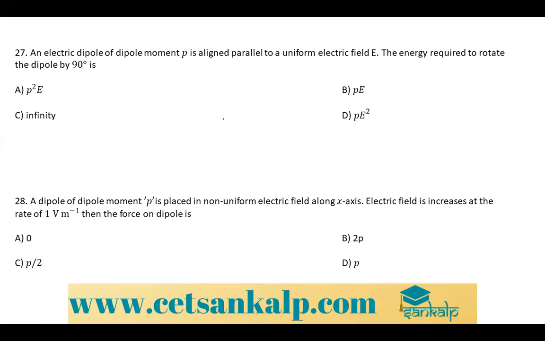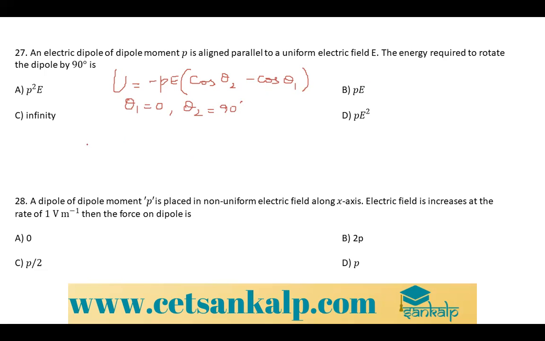So you have the formula, potential energy U is equal to minus PE common, so cos theta 2 minus cos theta 1. This is the formula. So you got theta 1 is 0, so theta 2 is equal to 90 degrees.